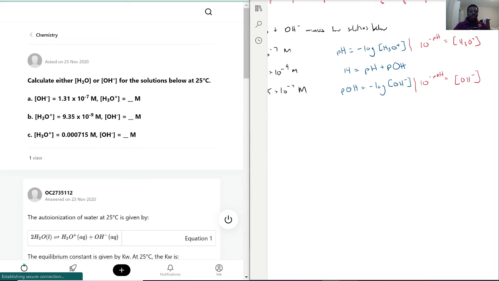With that being said, first question we have 1.31 times 10 to the negative 7 moles of OH minus. So they want us to find the H3O plus. In order to do that, we first have to find out the pOH, because we're working with OH minus. So let's take the negative log of the concentration, which is 1.31 times 10 to the negative 7.